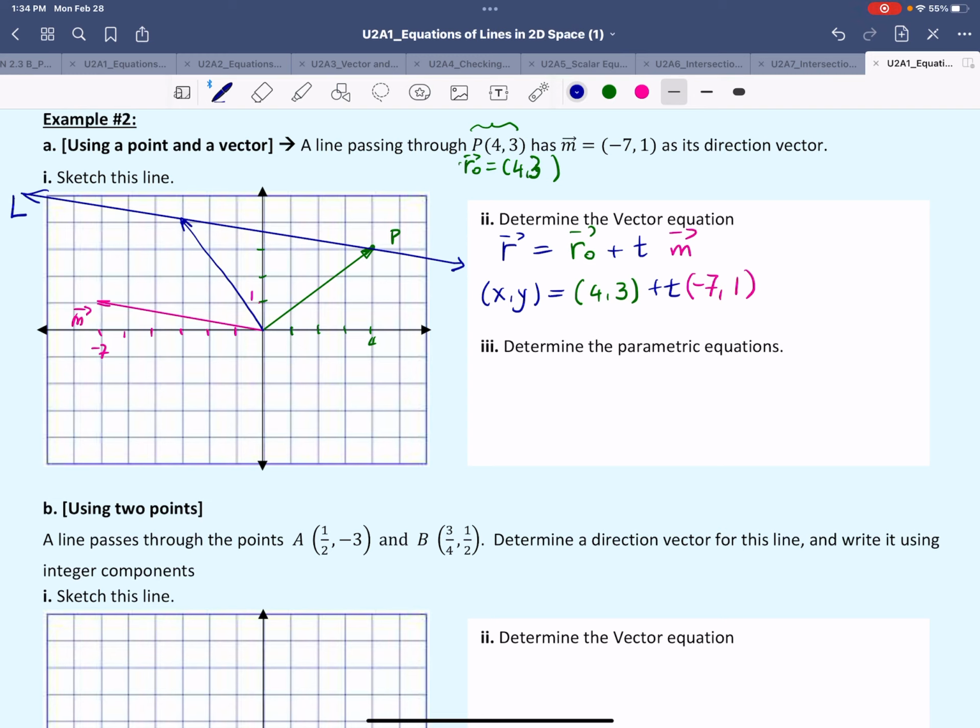This can also be vector r. This can also be vector r, right? And just by knowing these two vectors r and r0, we will know exactly where to draw the line. That's why we say that this equation sufficiently and uniquely describes the line.